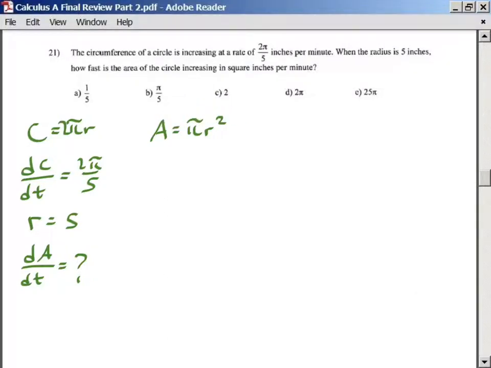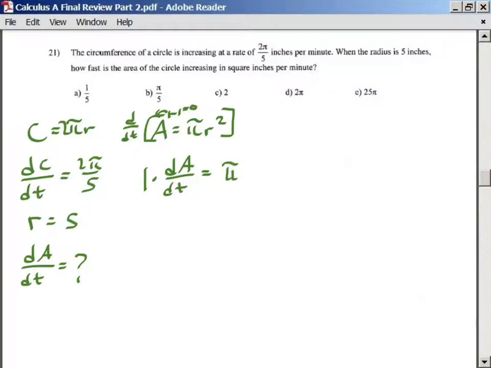So I'm going to take the derivative of this with respect to t, and I'm going to get dA over dt equals, let's see, that's what I get when I take the derivative of A, because it's just A to the 1 power, so you drop the 1, then subtract the 1, so you get A to the 0 power, which is 1. Then you have to multiply it by dA over dt. You learn that when you learn how to implicitly differentiate.